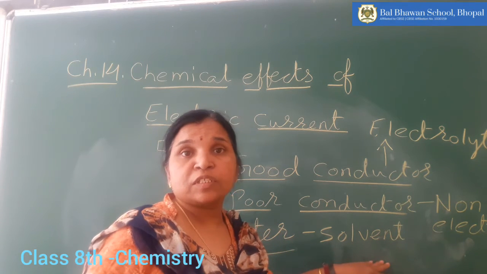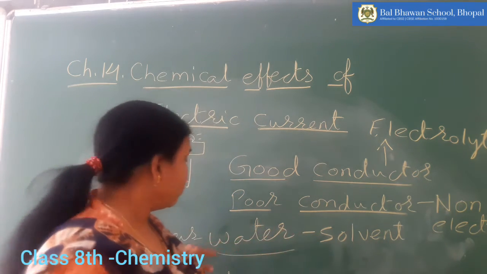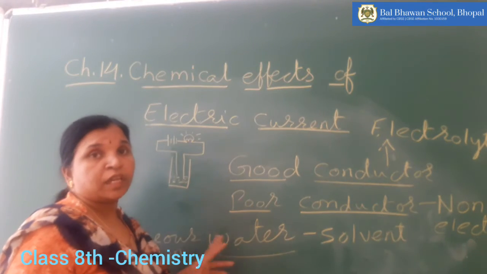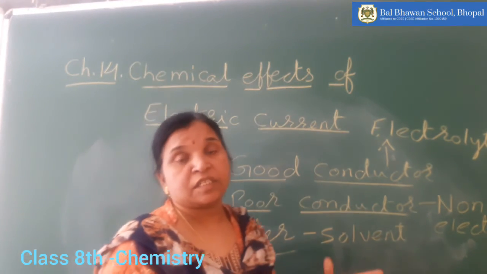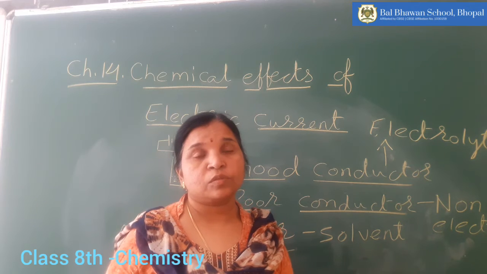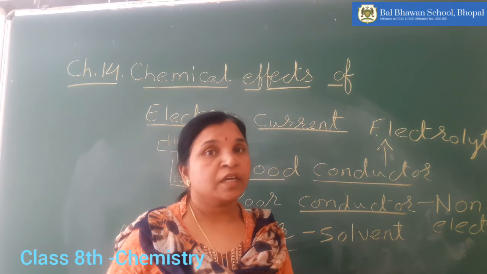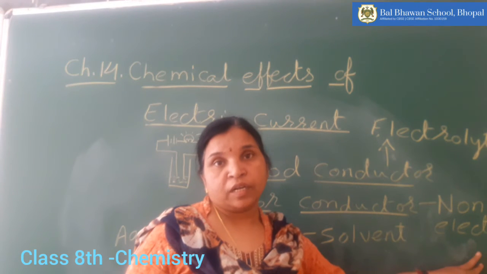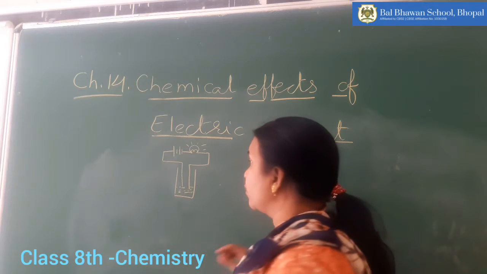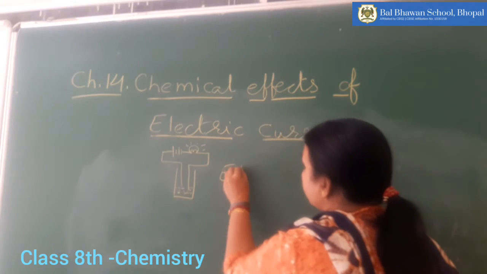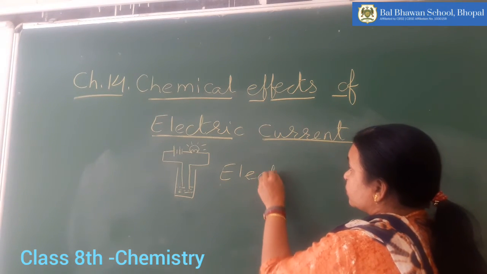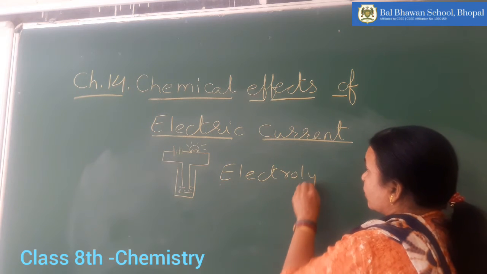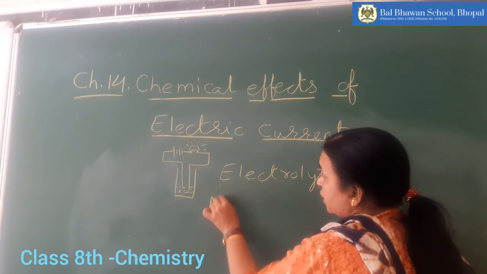There are some of the substances, even if you dissolve them in water, they do not conduct electricity, such as sugar solution. Sugar solution will not conduct electricity. So that can also be called as non-electrolyte. Now we have understood the difference between electrolyte and non-electrolyte.